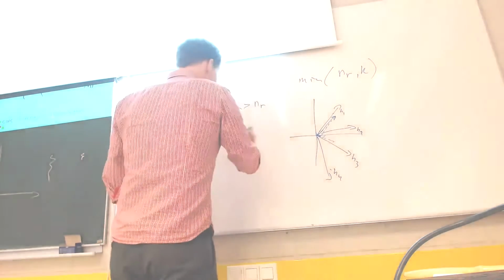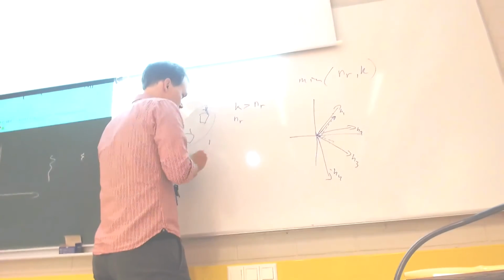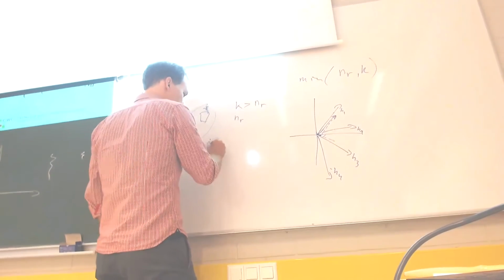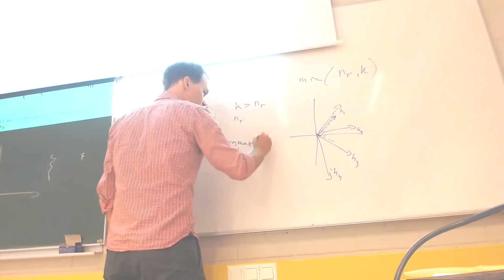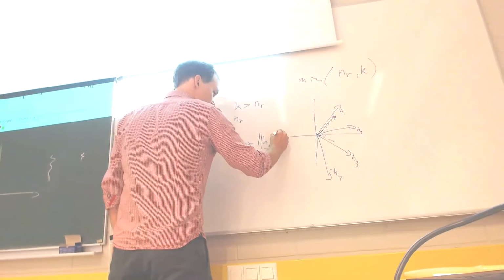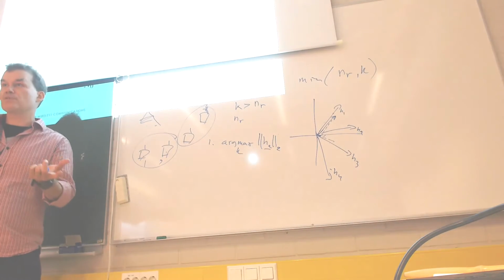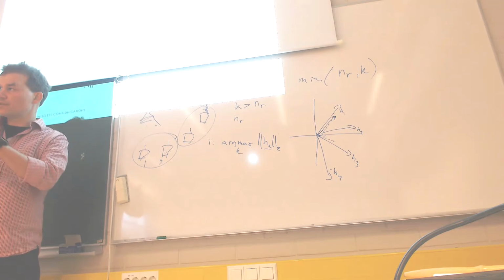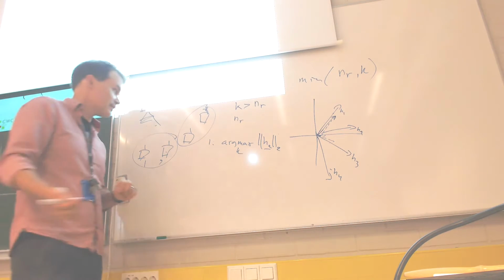The pretty simple strategy: you just pick the first user to be the argmax over k of the norm of H_k. That is the strongest user, the user with the largest norm. Okay, that's the first user to be picked.